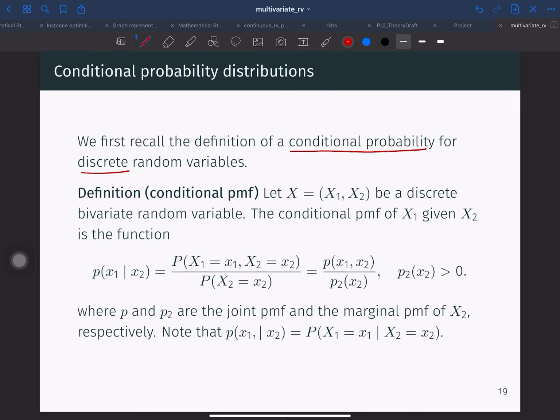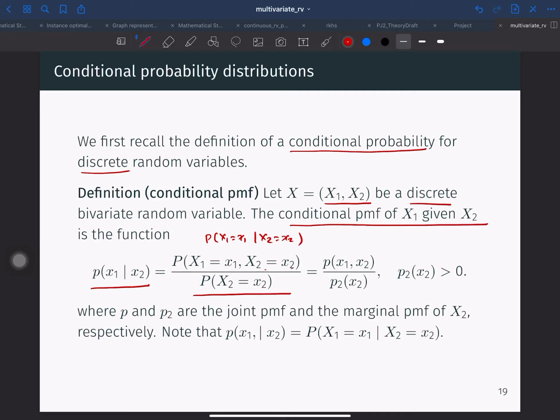So we have x1, x2 discrete. Then the conditional PMF of x1 given x2 is simply the function p of little x1 given little x2 that is given by the probability that x1 equals little x1, x2 equals little x2, divided by the probability that x2 equals little x2. So that's just basically the probability of x1 equal to little x1 given x2 equal to little x2 that we recalled earlier.